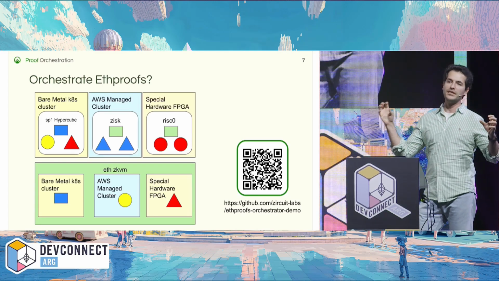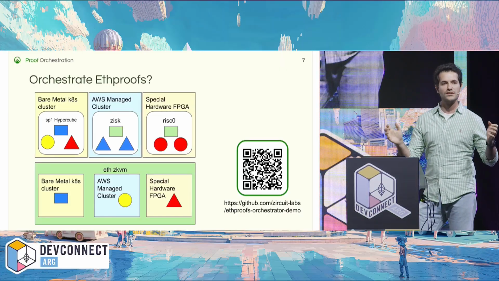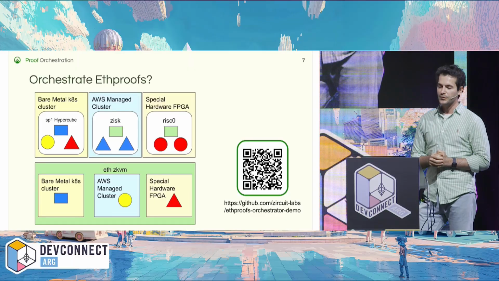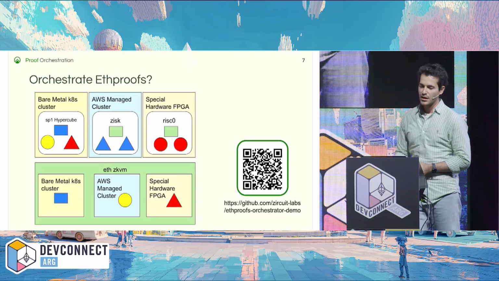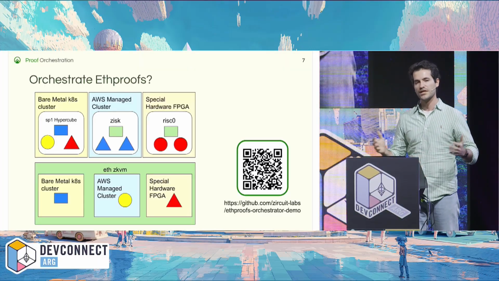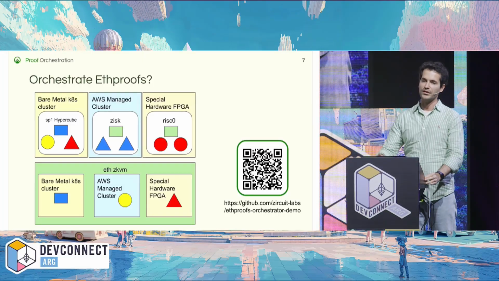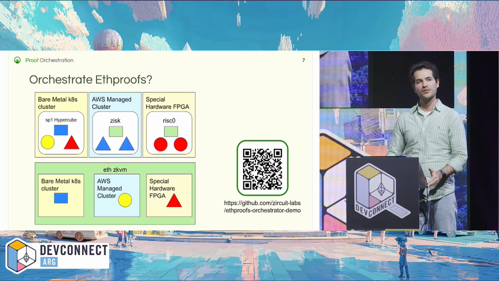So even the internal steps of your prover could be broken down as long as all the pieces of the workflow can reach and dial one another through the message bus that we have. Everything should be basically manageable. So in the case of running the entire prover pipeline on the same machine, it's going to be much easier, but still the same idea. So the entire prover sits on one machine. All pieces need to communicate. You break it down into dispatcher and collector, and basically you have everything together.